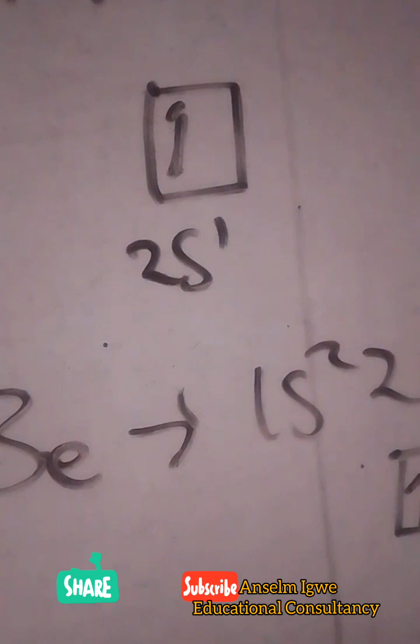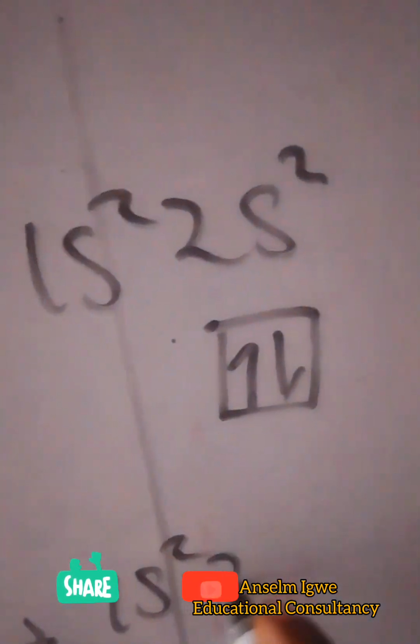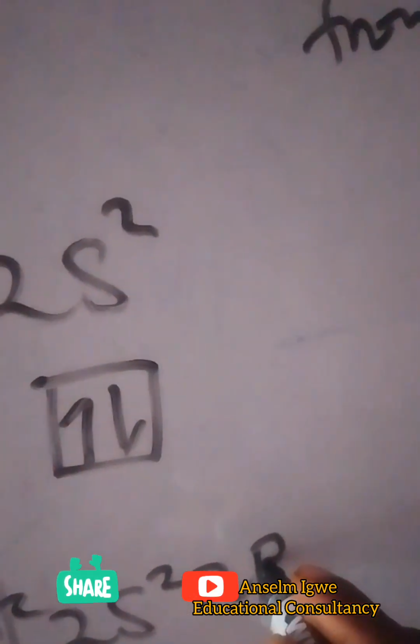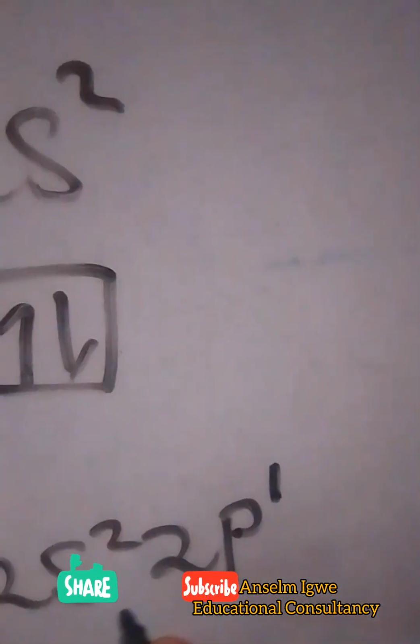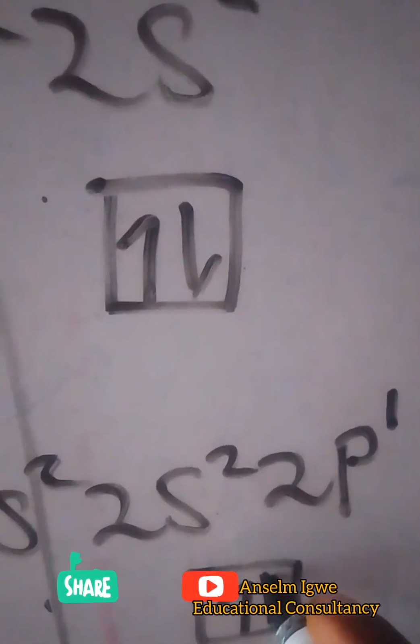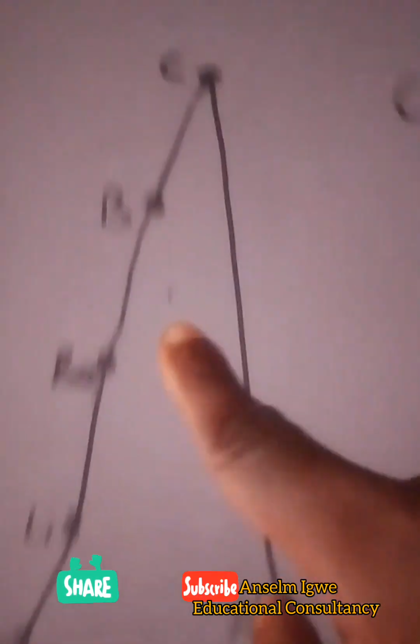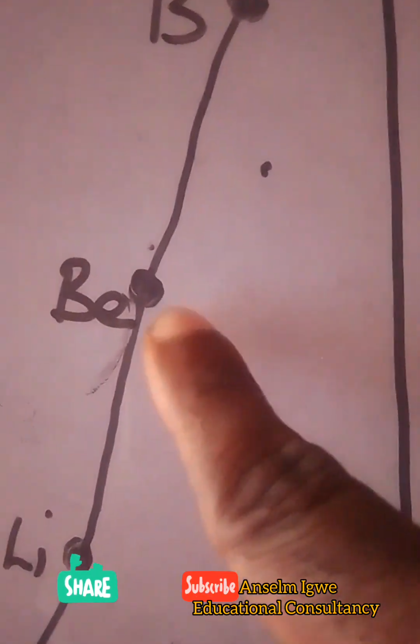So the outer shell has 2 electrons. But boron is number 5, 1s2, 2s2, 2p1. You see, in this last shell, we have 2s2, then p1 with empty vacant p orbitals for more electrons to interact with the boron atom. So there is more vacancy for bonding to take place. That is why boron is higher than beryllium and lithium.